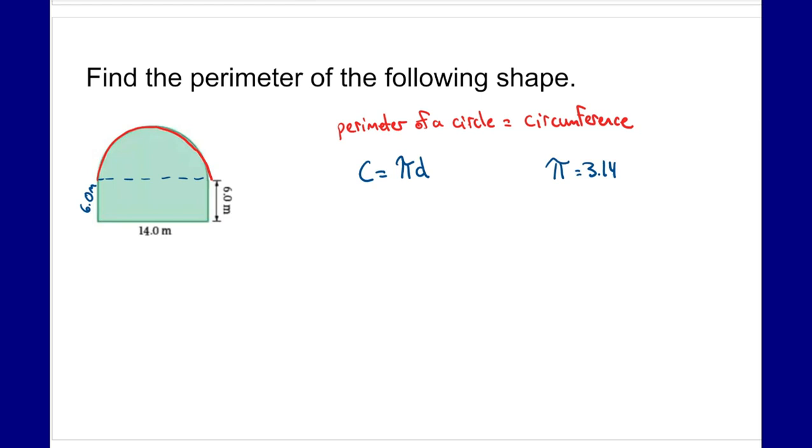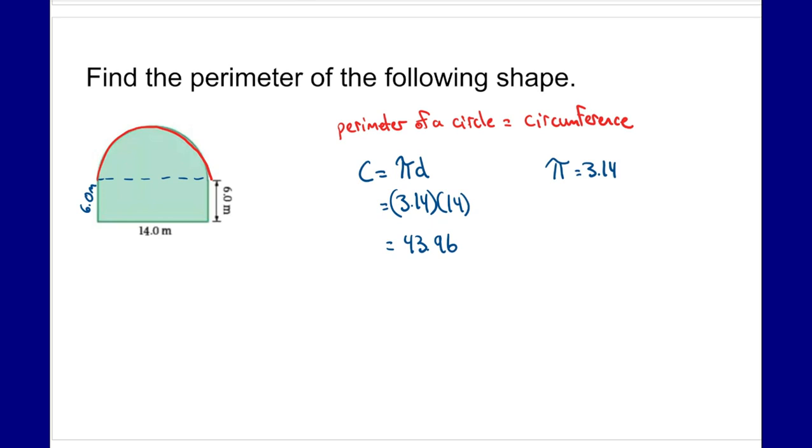You might get a slightly different answer, but it shouldn't be too far off. So C equals pi times diameter. We take 3.14 times 14, and we get 43.96.